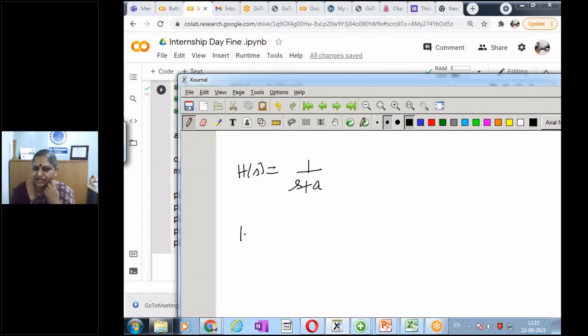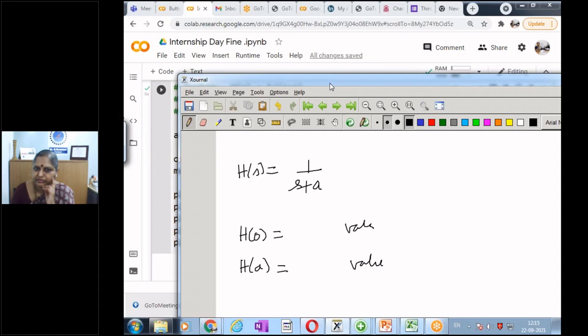Please tell me, for omega equal to 0, what is the value? And when omega is equal to a, what is the value? Please tell me this from your plot.